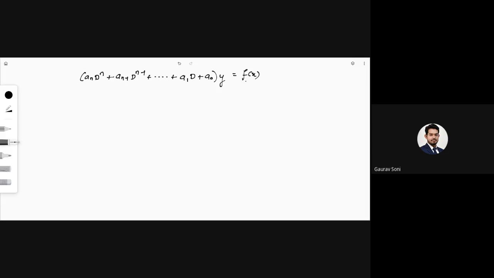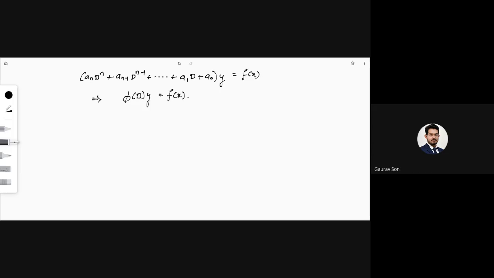So just now we have seen that I can write this differential equation in this form, which in a simplified form can also be written as phi of D acting on y is equal to f of x. What do I mean by phi of D?